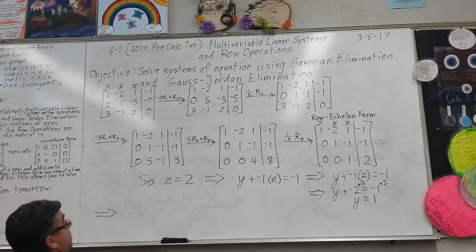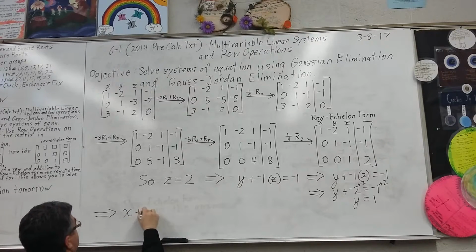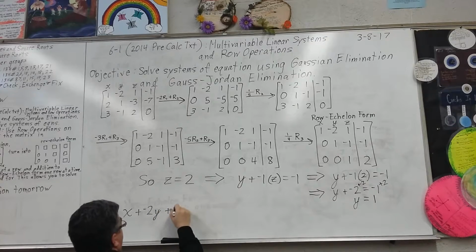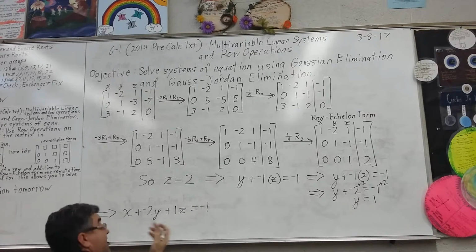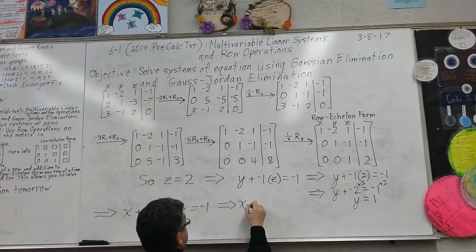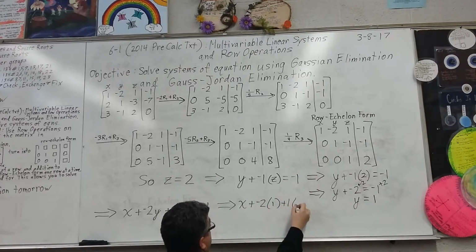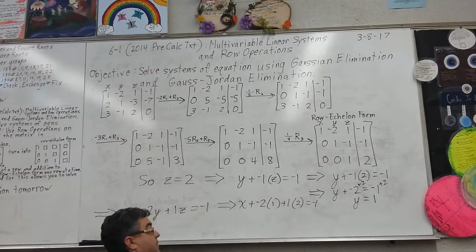So for row 1, we've got 1x, or just x, plus negative 2 times y, plus 1 times z equals negative 1. But we know all of these. This is x plus negative 2 times y is 1, plus 1 times z is 2 equals negative 1.